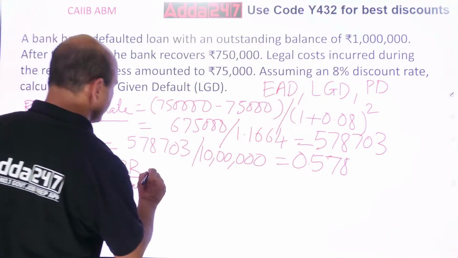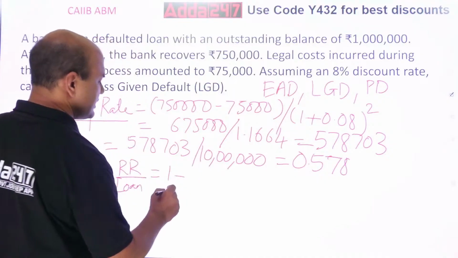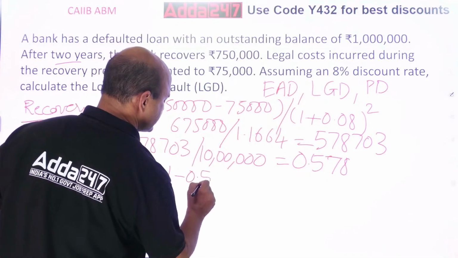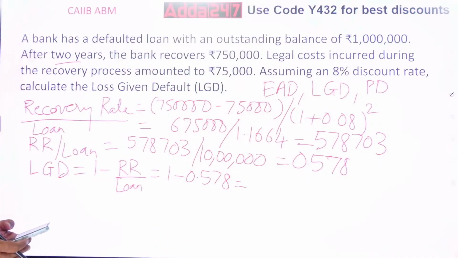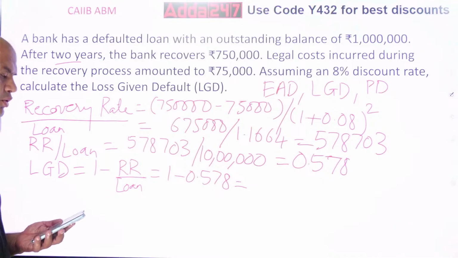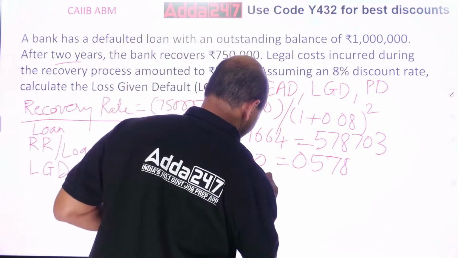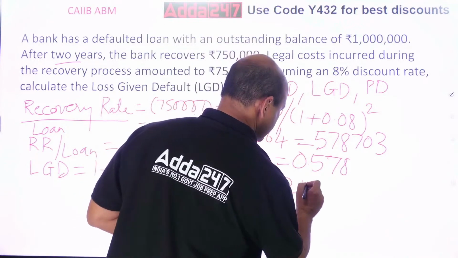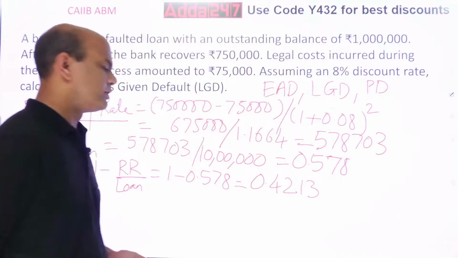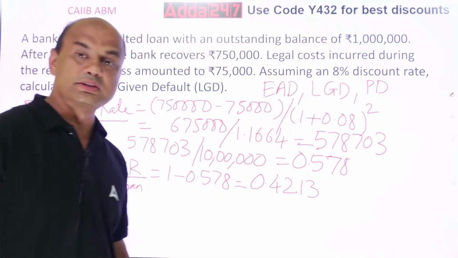So that is equal to 1 minus 0.578. Everyone get the answer? 0.4213. So this is your answer.